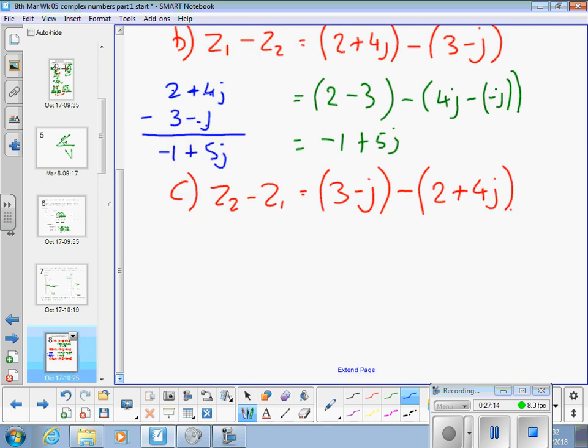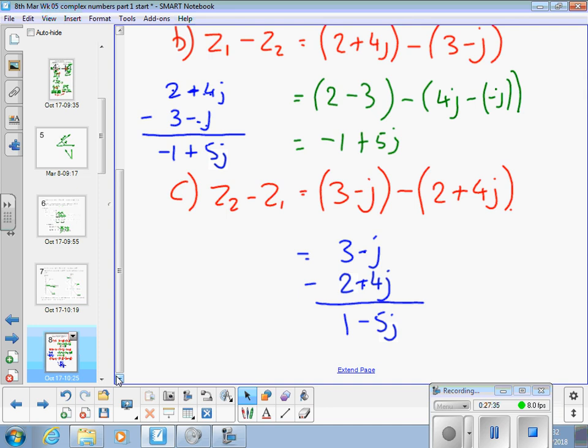So applying that method to this one, 3 minus j, take away 2 plus 4j. 3 minus 2 is 1, minus j, minus 4j, minus 5j. Is that what you got?